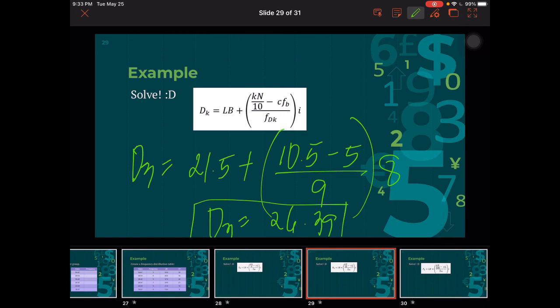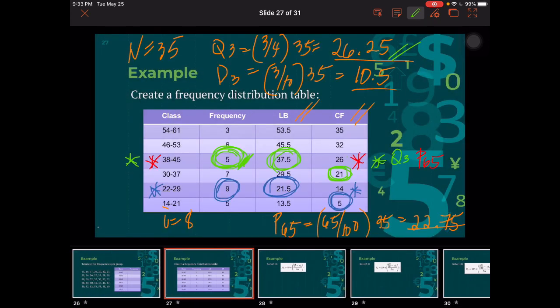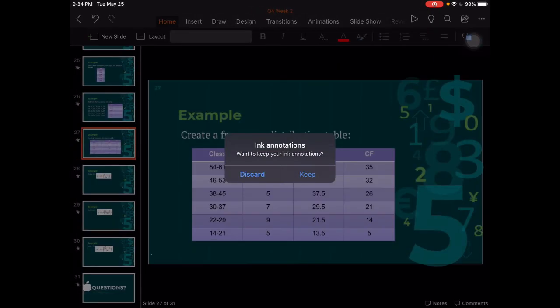And then, of course, last but not the least, we need to look for P65. So, for P65, halos pareho lang siya with Q3. Tama, pareho yung lower boundary, pareho yung frequency, pareho yung cumulative frequency. Ang magbabago lang po dyan is yung value ng position, which is at 22.75. Now, I have a trick for that.